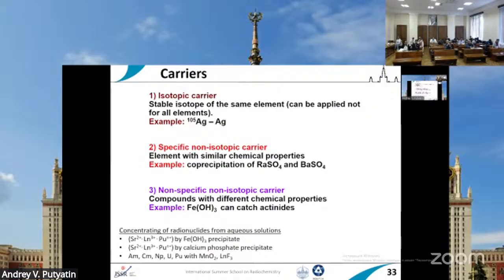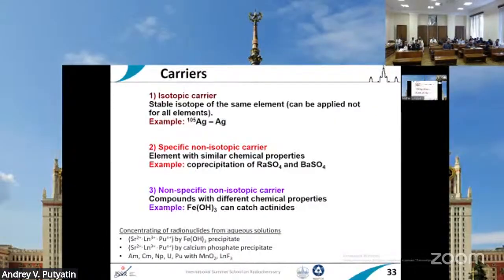And non-specific non-isotopic carrier, in this case, we use compounds with absolutely other chemical properties, but with very good, for example, sorption or co-crystallization activities towards our radionuclide. For example, iron oxide or manganese oxide are very efficient to catch actinides because actinides sorb on the surface of these hydroxides.